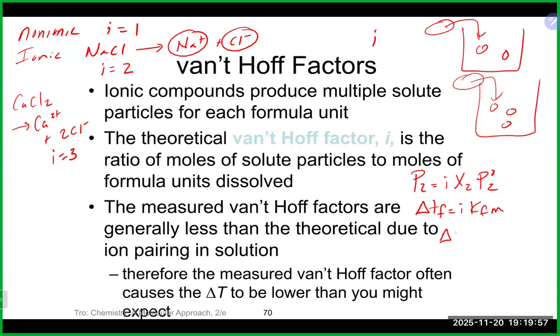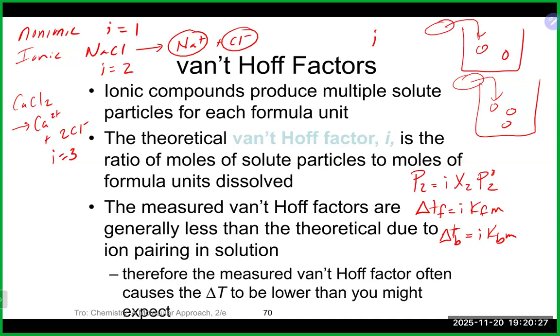And your boiling point, you could put your i into that as well. So we can incorporate the van 't Hoff factor into those problems like we did previously, and we will actually put the i in there. The reason we didn't do it before, again, is we had a non-ionic solute, which basically meant i was one. So basically, nothing's going to change in that case.